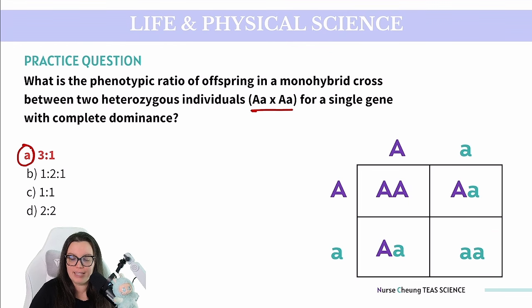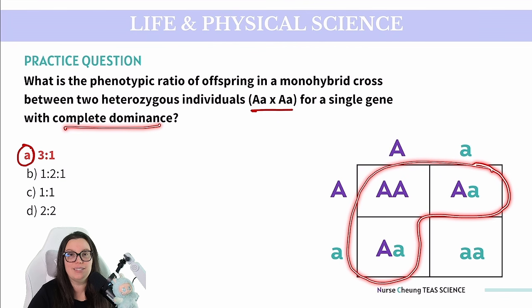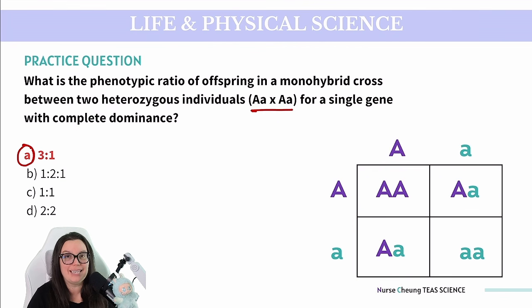So if we were looking at the phenotype of this individual with complete dominance, 3 of our 4 squares tells us that we are going to be exhibiting dominant traits. If we've got a capital A, doesn't matter if we have the lowercase a, we're only going to see the capital A because it's dominant.